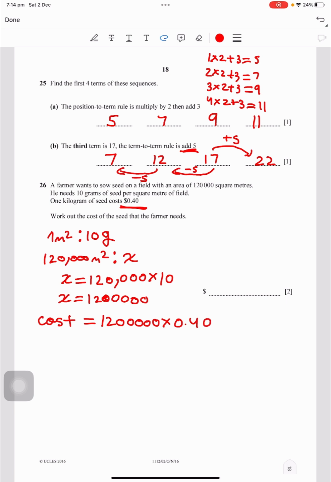Okay. So when we multiply this, we get 4.8 and zeros, and one more 0.